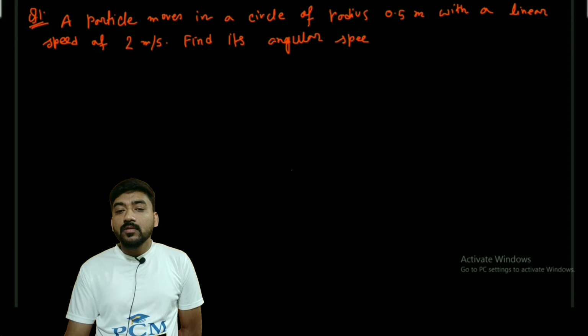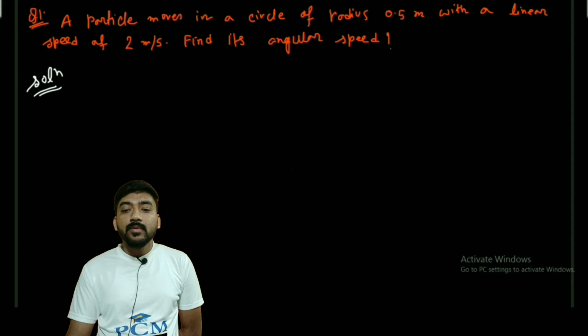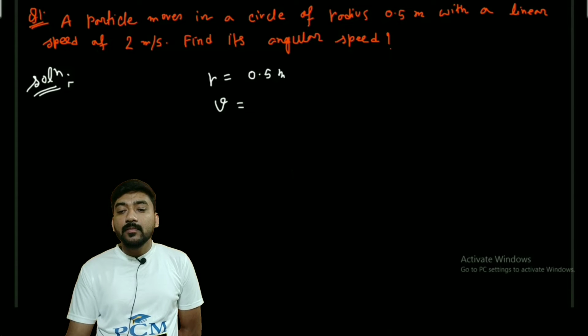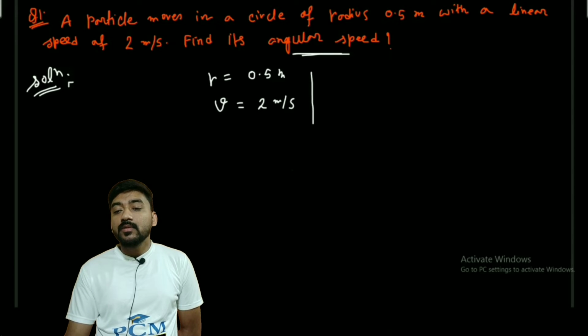So what will be its solution? Here the radius is given, r is 0.5 meter, and the linear speed v is 2 meter per second. You have to find just the angular speed. The relation between linear speed and angular speed is v equals omega r.